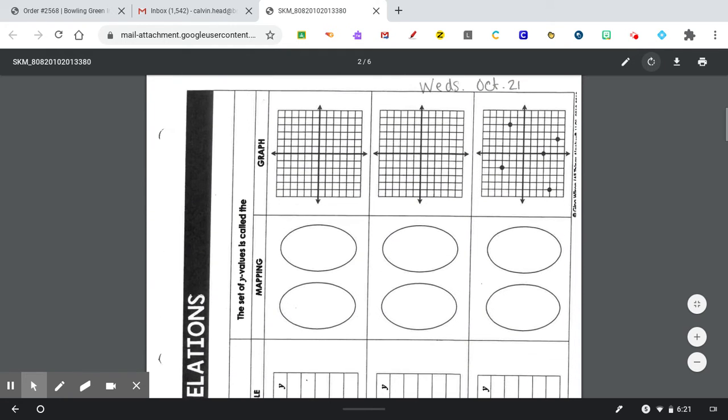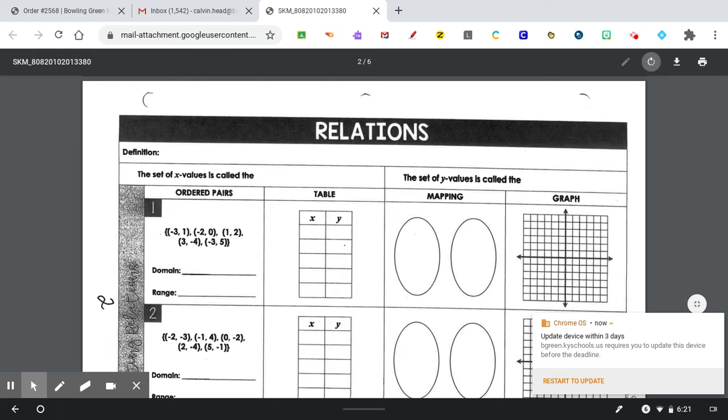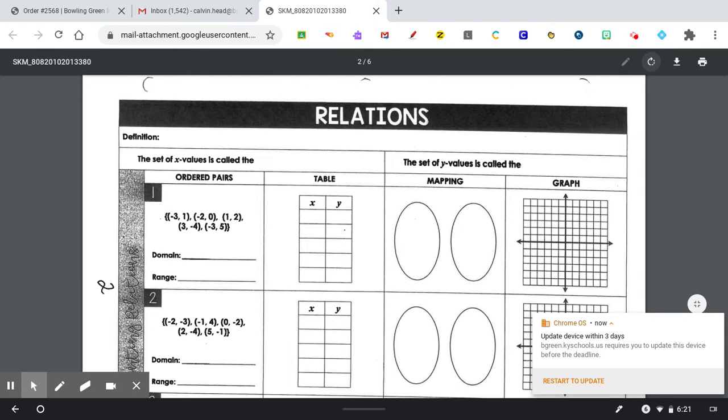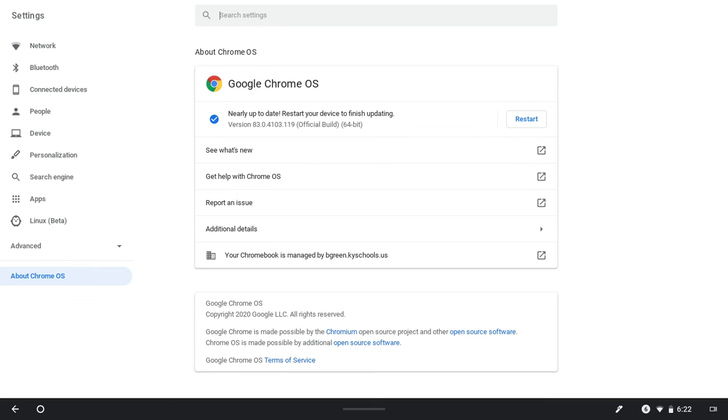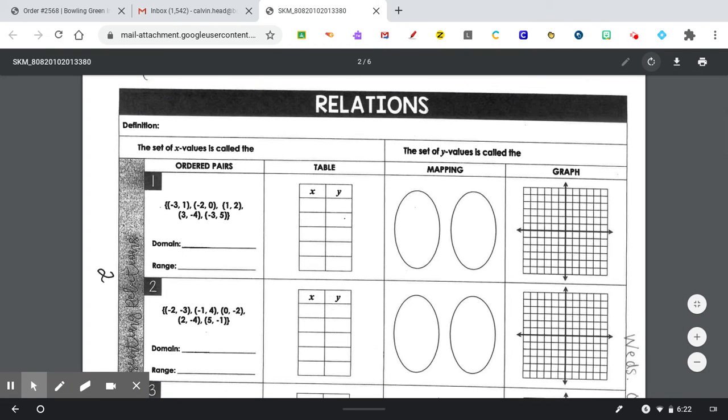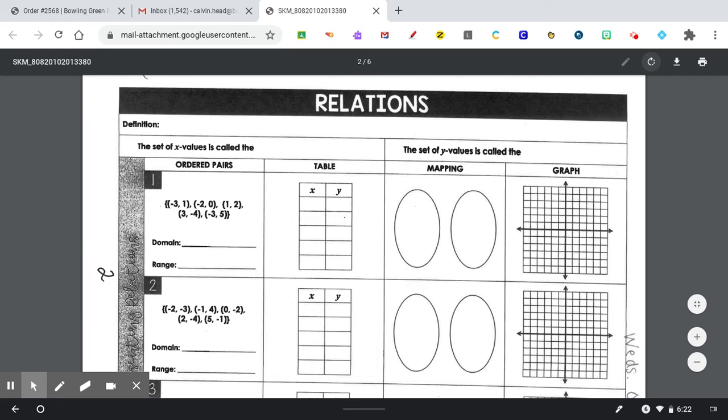And I'm going to spin this around. So now we have relations. And we're going to see what those are.